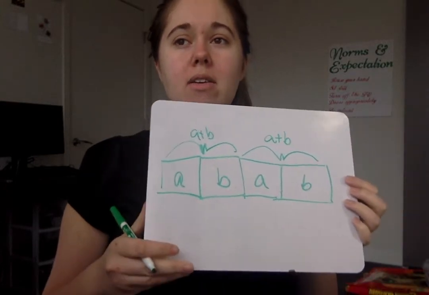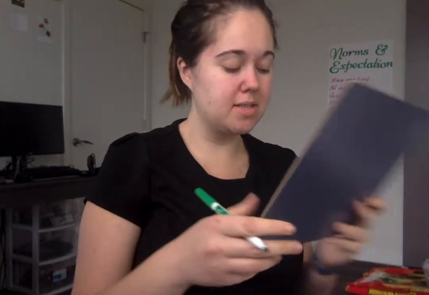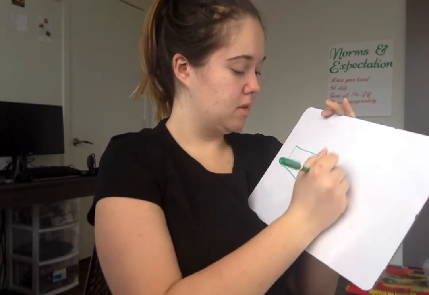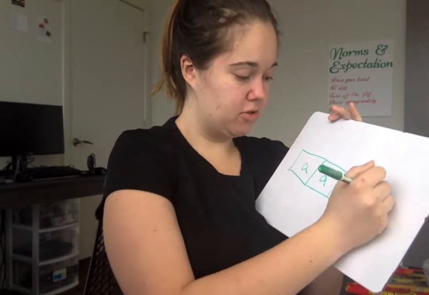So what could we do? Well, it says how would the model look if we grouped together the a's and then grouped together the b's. So we would suddenly have our a's next to each other and our b's next to each other, right?